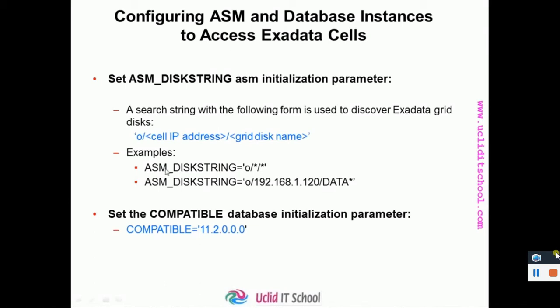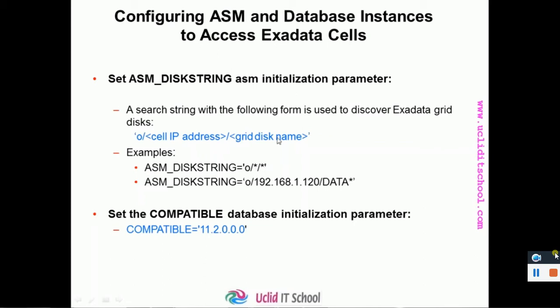Some examples: asm_diskstring o/*/*. This tells the ASM instance to search every cell. Star means every, so the second field is cell, and star means on every cell.